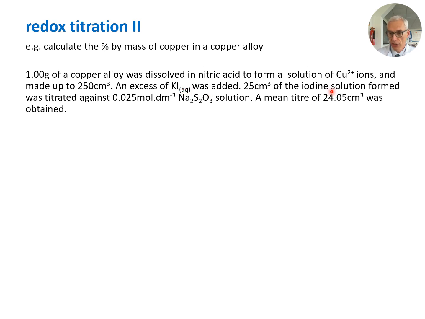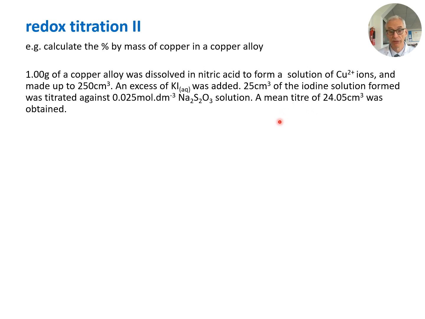The iodine solution formed, 25 centimeters cubed of it, was titrated against 0.025 mole per decimeter cubed thiosulfate. A mean titer of 24.05 centimeters cubed was obtained. From that data, calculate the percentage by mass of copper in the copper alloy. Pause, have a go, come back to look at my model answer.